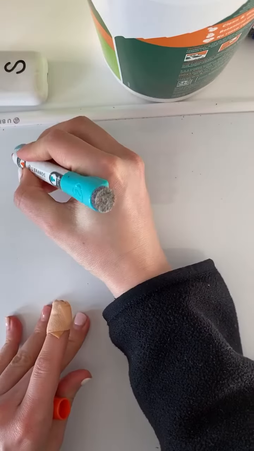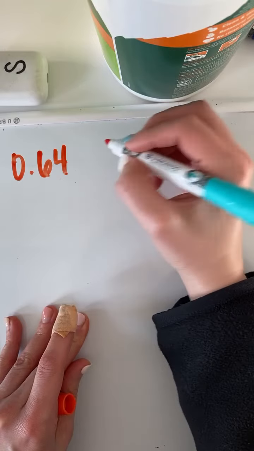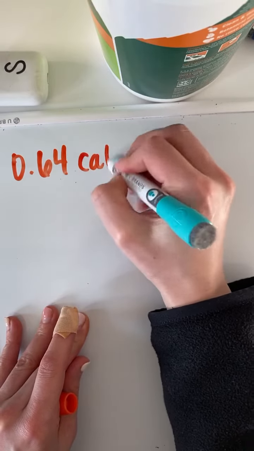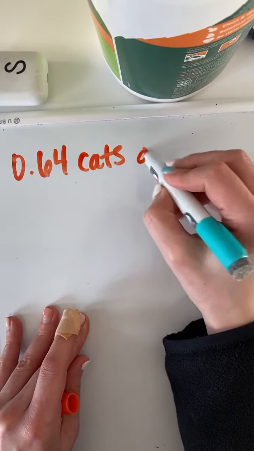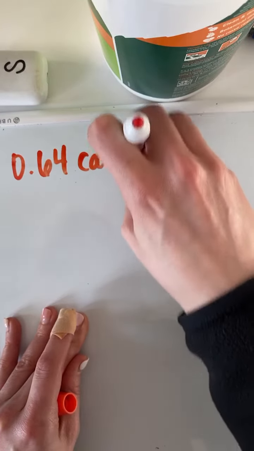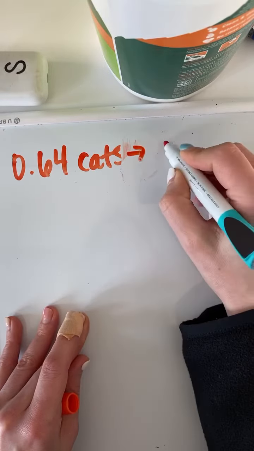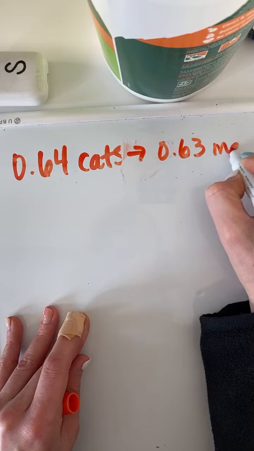That's in the problem. So we know that there are 64/100ths of the animals at the shelter that are cats. Of those animals, 63/100ths are male.